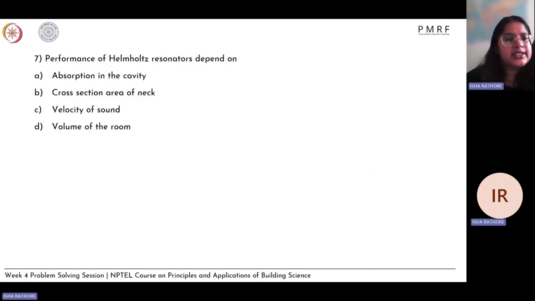Moving on to question 7. The performance of Helmholtz resonators depends on A, absorption in the cavity, B, cross-section area of neck, C, velocity of sound, and D, volume of the room. These are based on the type of acoustic materials, in this case Helmholtz resonators or cavity resonators. We looked at this equation as well.